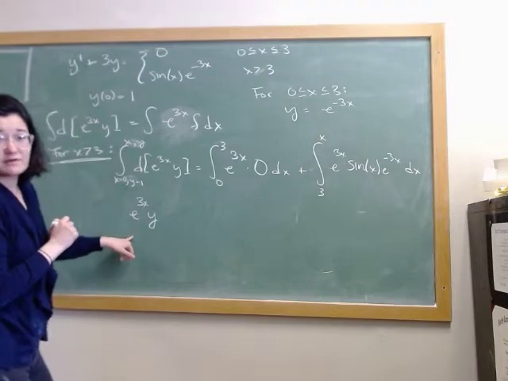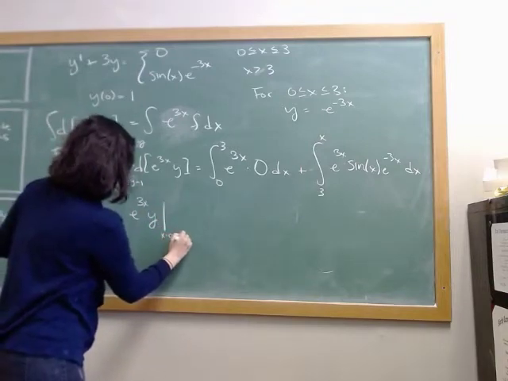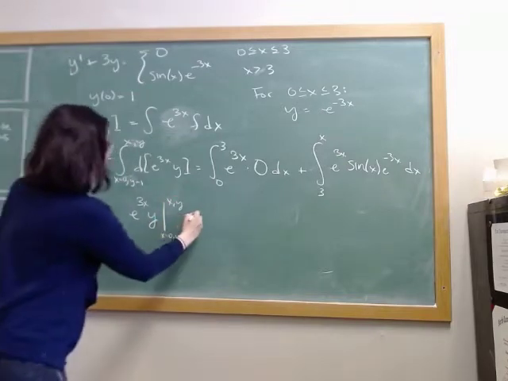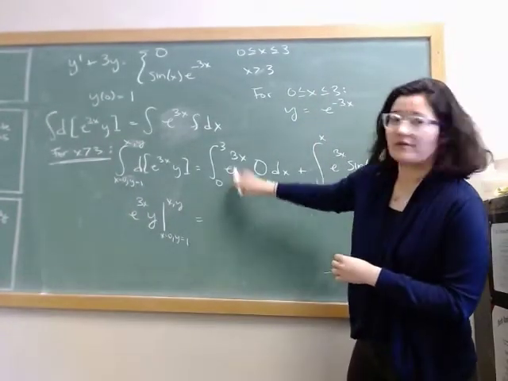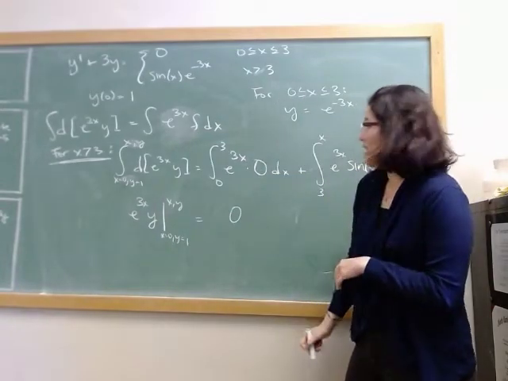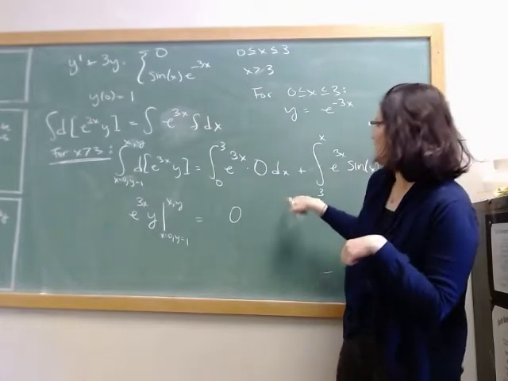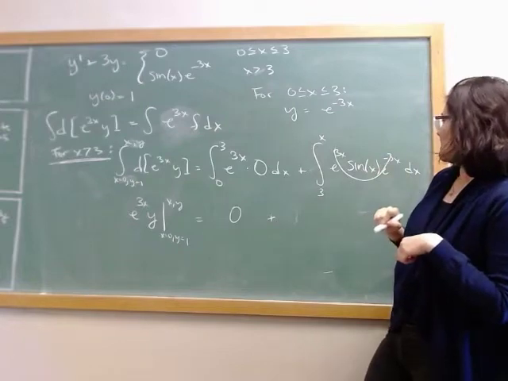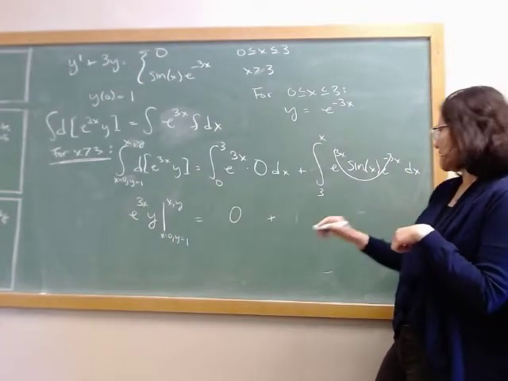Integrating that just gives you whatever's inside the integrand, evaluated over these definite bounds. And then integrating 0 from 0 to 3 just gives me 0. Integrating 0 over a definite interval gives you 0. And then integrating e to the 3x sine x e to the minus 3x, those e's cancel out, so I'm just integrating sine.